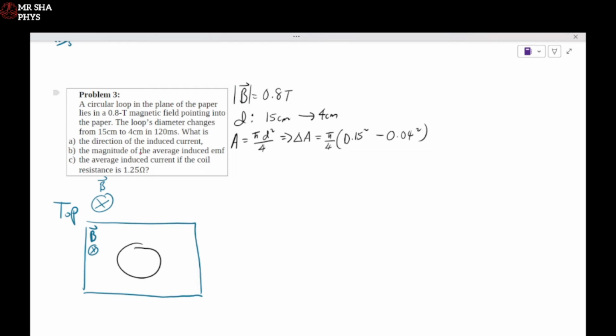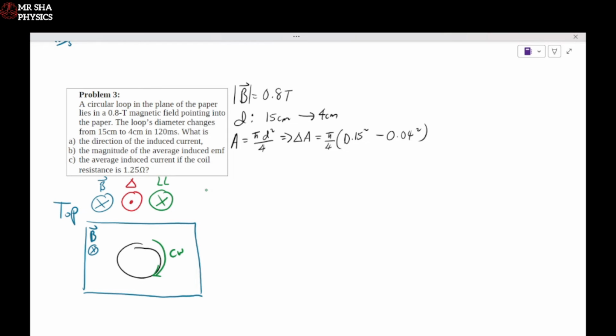So the change is going to be in the opposite direction, and to counteract this change, Lenz's law will react by maintaining it. So if it's going into the page, the direction of the current is going to be clockwise. So the answer for the first one is clockwise.